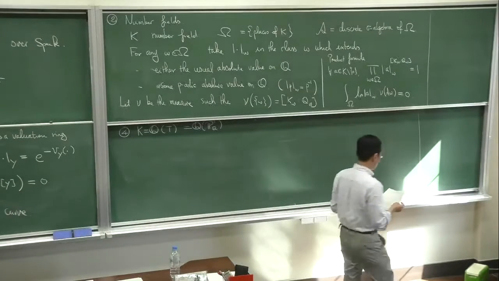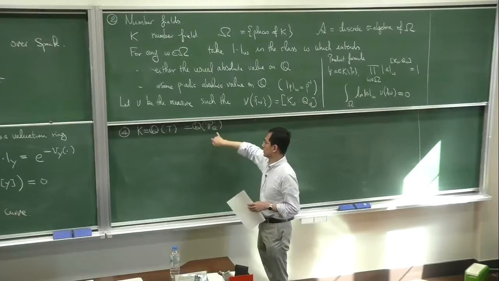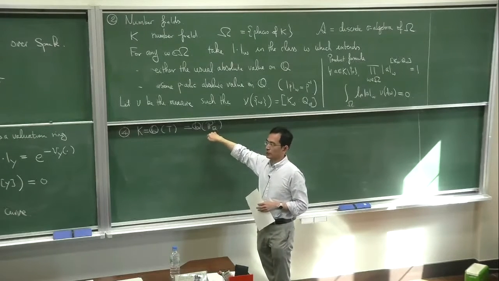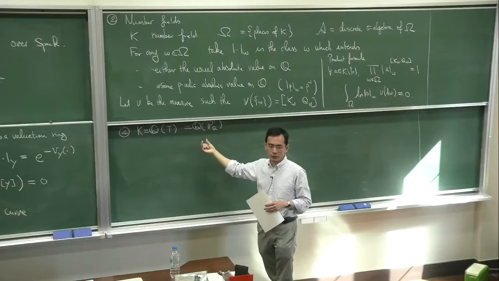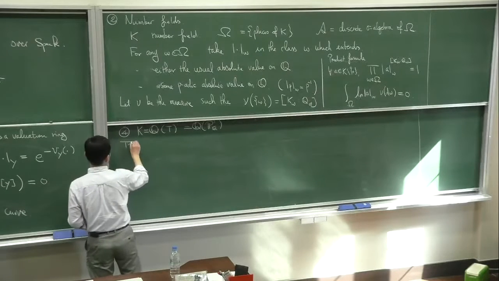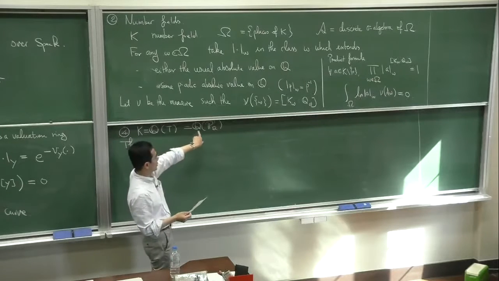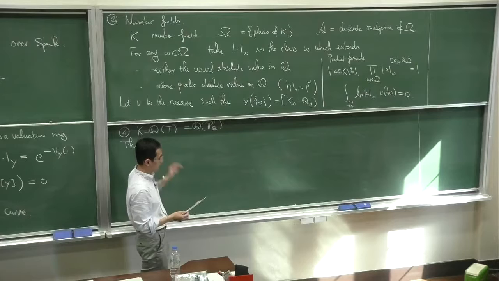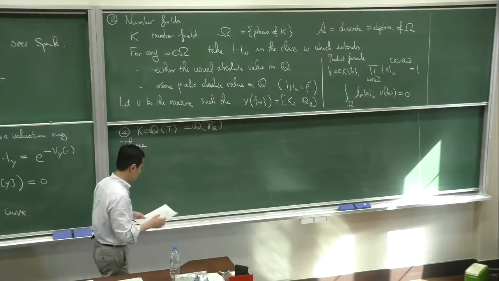But there are several types of absolute values. You have seen that in the function field case of curves, if you pick a closed point, then you get some valuation and also an absolute value. And then if you have some absolute value on Q, you can extend it to an absolute value on K. And finally, you have some Archimedean part.